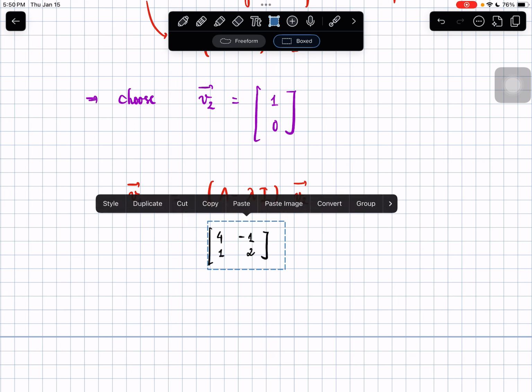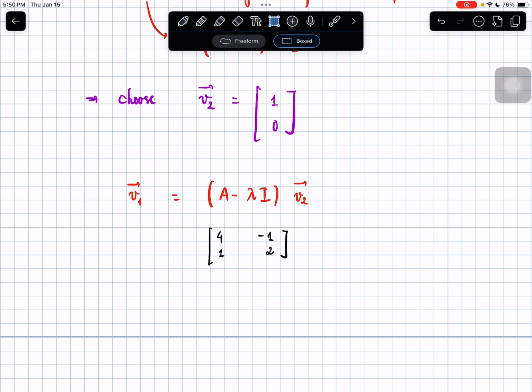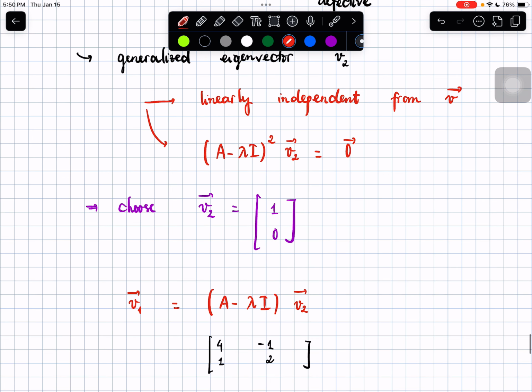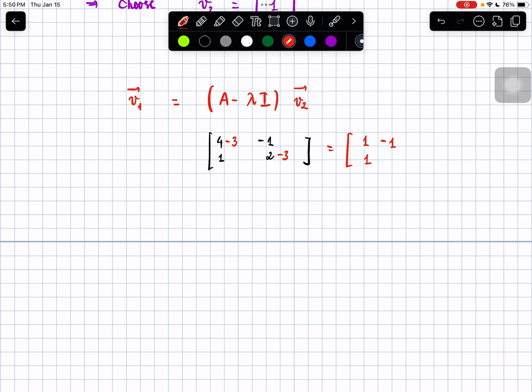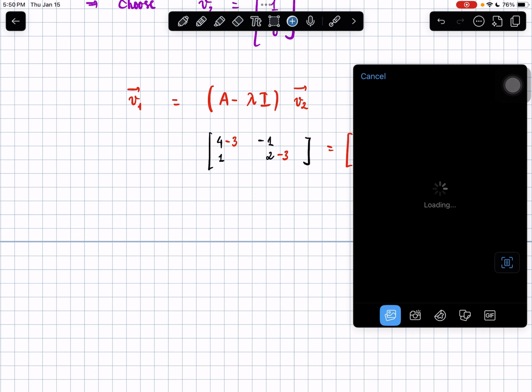A minus lambda I, with lambda equal to 3, is 1, minus 1, 1, minus 1.